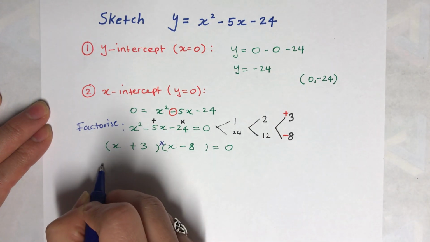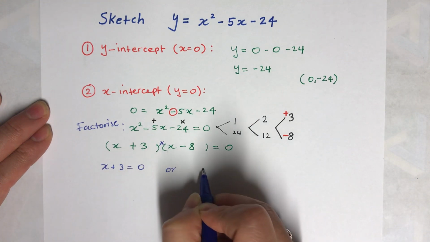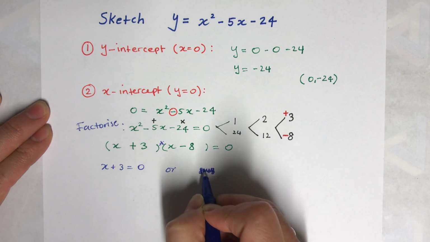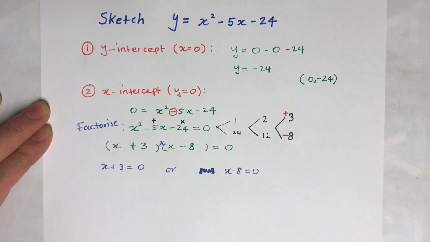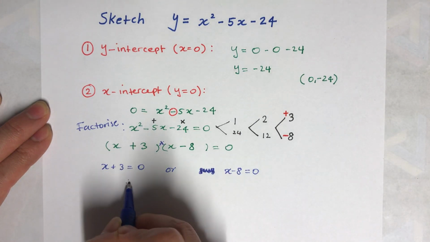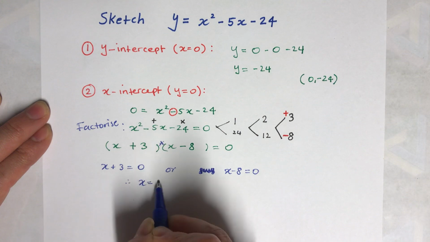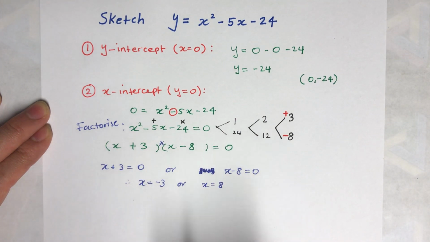So I'm going to put x plus 3 equals 0 or x minus 8 equals 0, to satisfy this equation. So therefore my x values will be -3 or x equals 8.